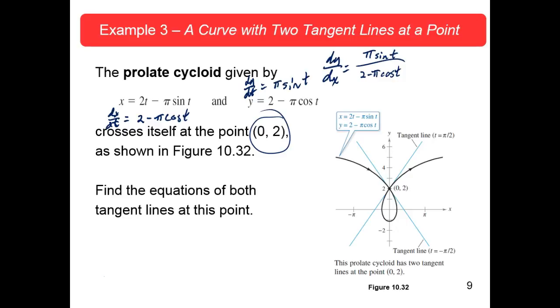We need to figure out what is the t value on the incoming as opposed to the t value on the outgoing, okay? So let's deal with the incoming first. We know that x is going to be 0 and y is going to be 2, right? But that's on the incoming side. We have to figure out what the t value is there.